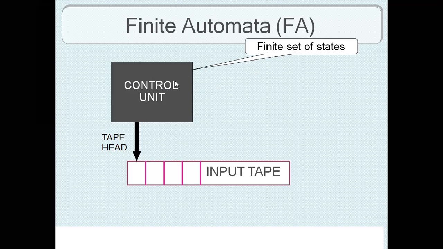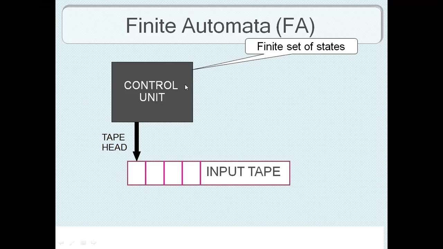Okay, so here the control unit has a finite set of states. We are having some finite set of states. The control unit can take the input of one alphabet, and that alphabet is given to the control unit. The control unit can process that alphabet, and any state changes can be stored in the control unit.